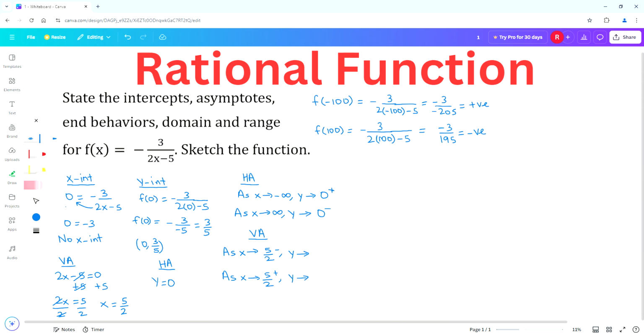For the left side of the vertical asymptote, we can use a test value very close to 5 over 2. 5 over 2 is equal to 2.5, so we can use the test value 2.4 for the left side. We should sub in x as 2.4 in the function.